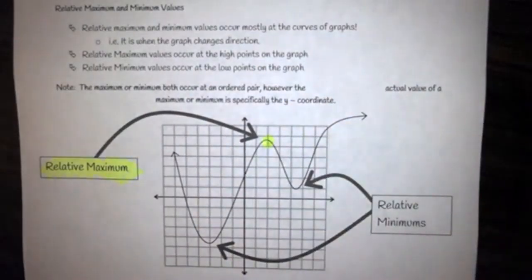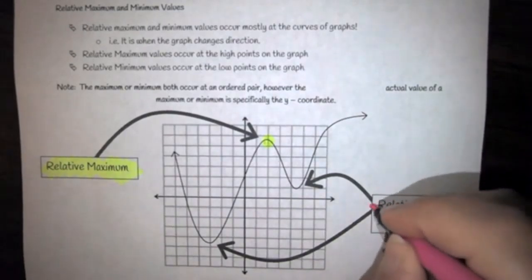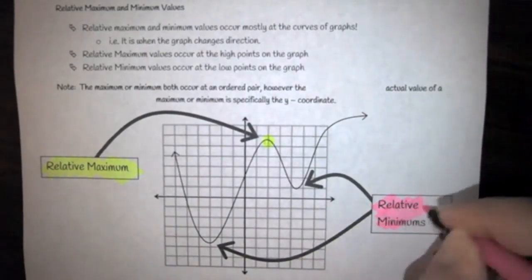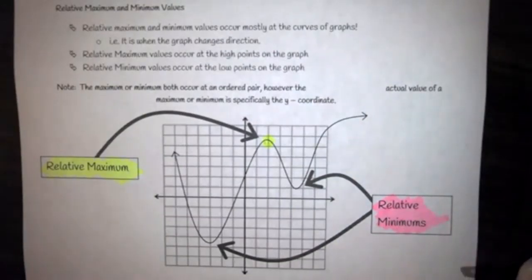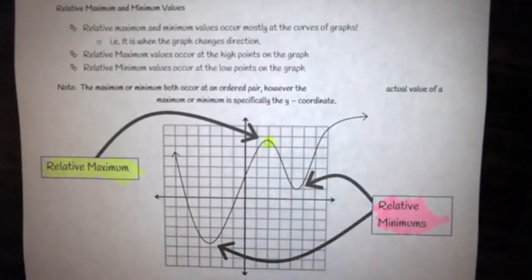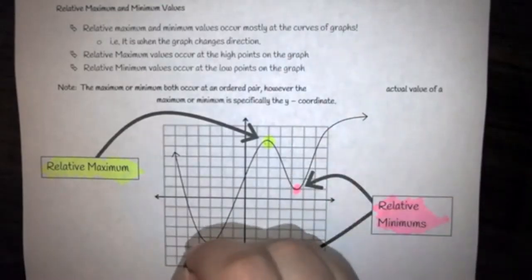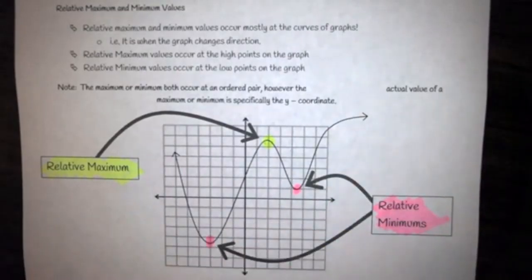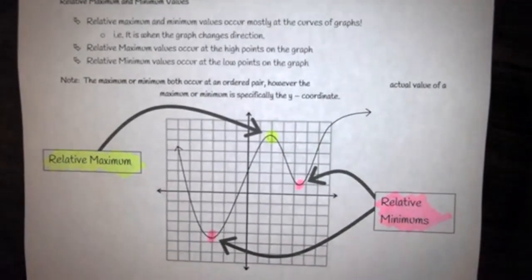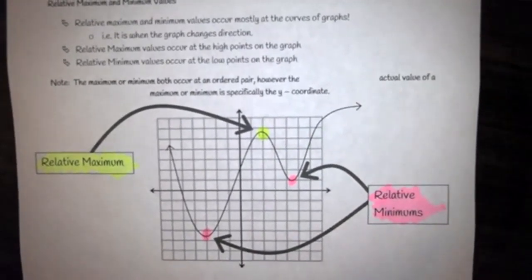Okay, we're talking about that value. Now, since I only have the one peak, it means I only have the one relative maximum. However, when talking about my relative minimums, which would be these over here, we have 2 of them because notice we have 2 valleys. So we're looking at this point here and we're looking at this point down here.